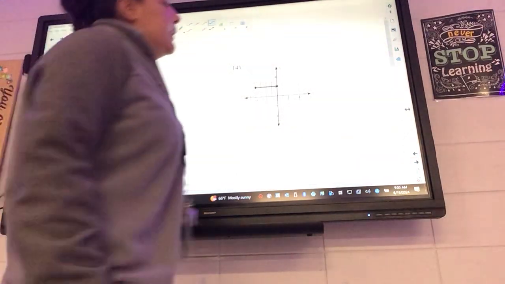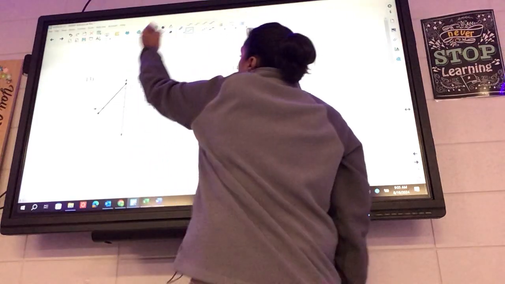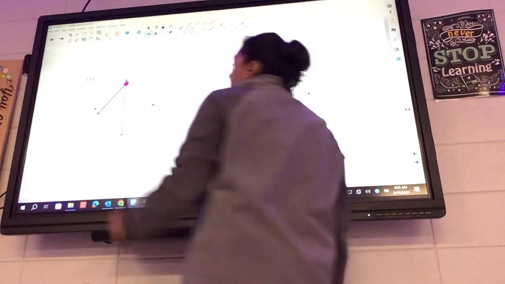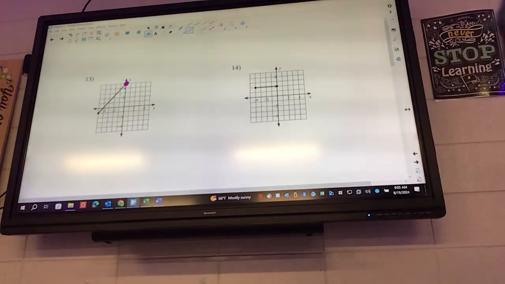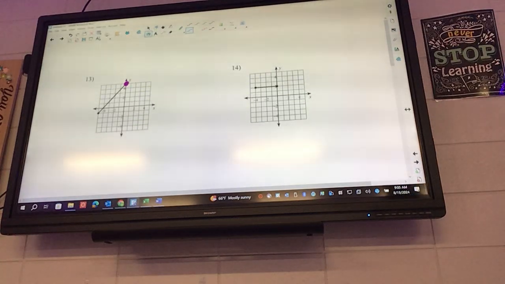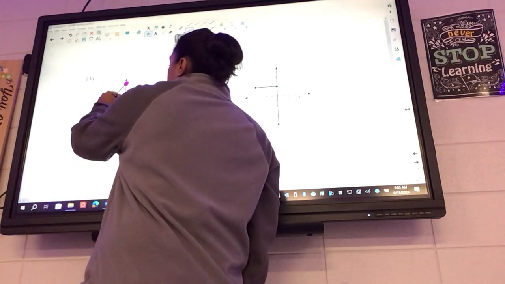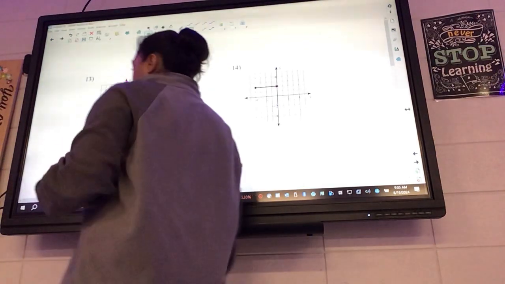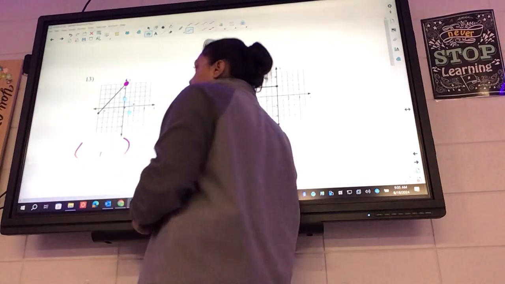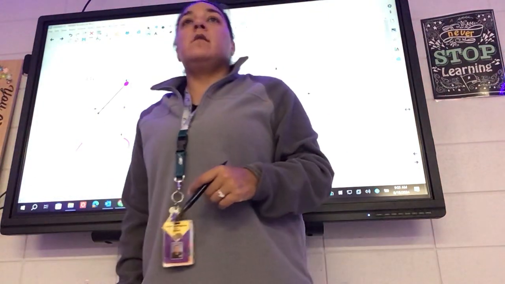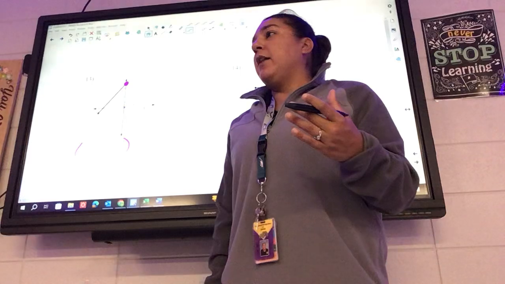Okay, 13. Let's work our way to this dot first. How many am I gonna go left or right? Hold on, look where my dot's at. So how many am I gonna go left or right? 0. I'm not going left or right.